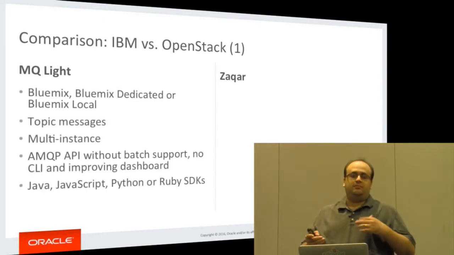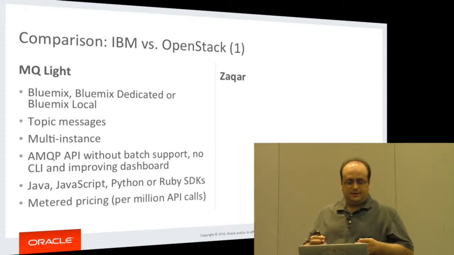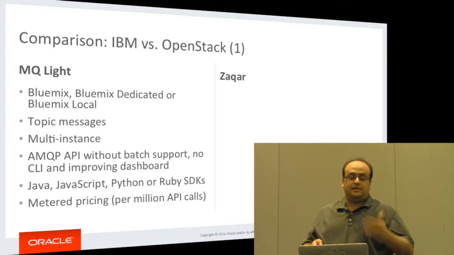It's available in public, hybrid, and private clouds. It is the first one that adds AMQP support, which is familiar for people doing on-prem messaging.